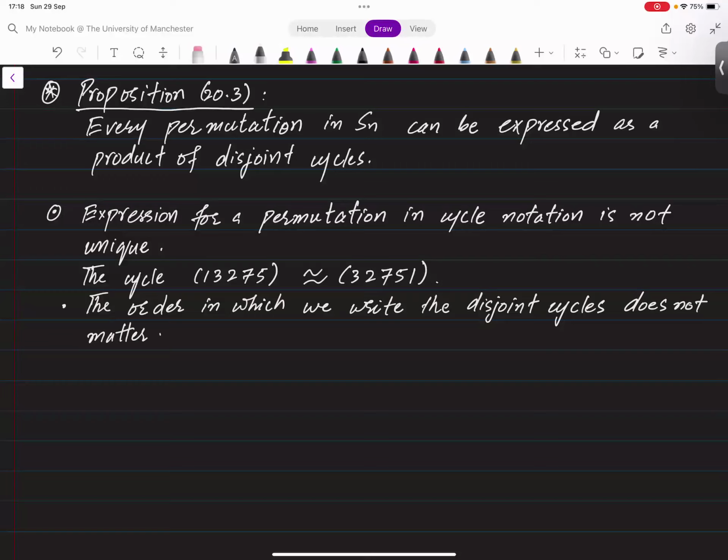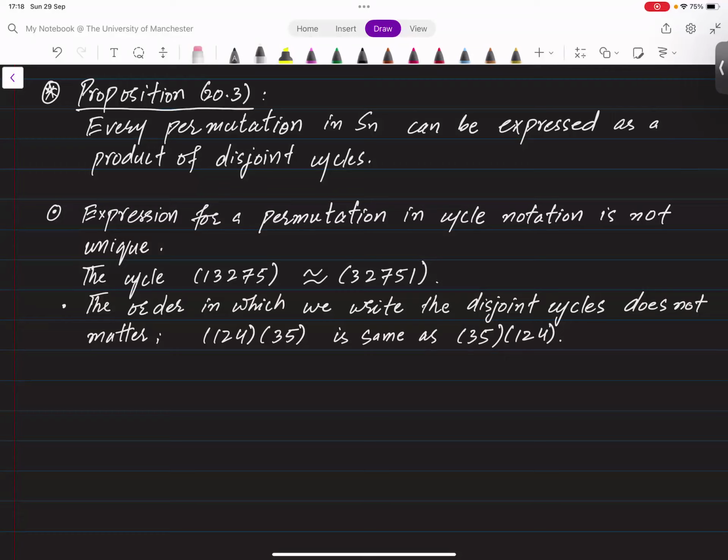So for example, you can write 1 2 4 and 3 5 is the same permutation as 3 5 1 2 4.